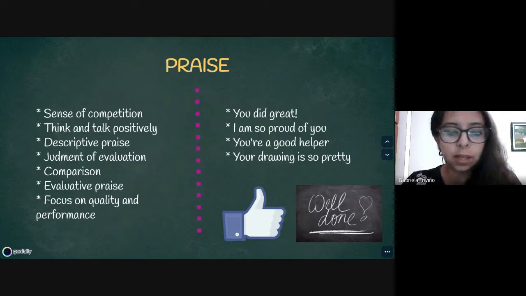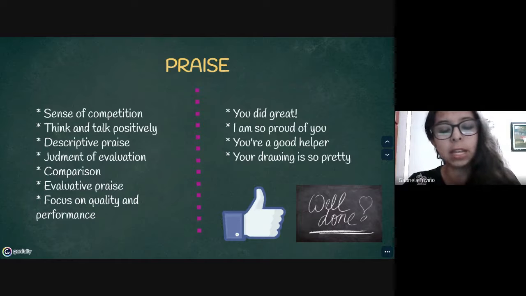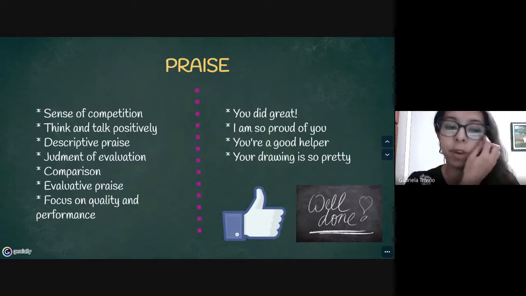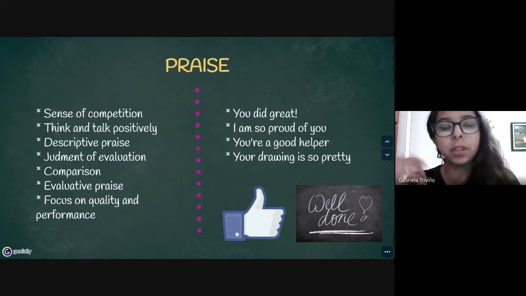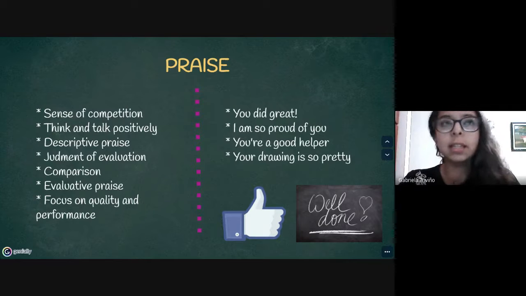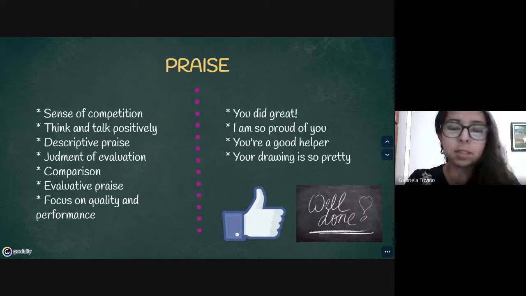This can also generate a judgment of evaluation, and this is related with the descriptive phrase. Why? Because with this judgment of evaluation, you are saying that something is best or is good or is worse or is better or something like that.